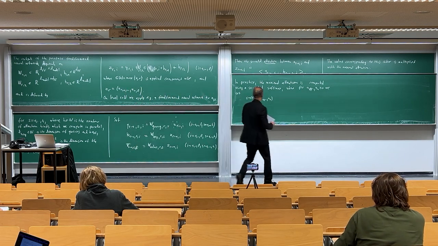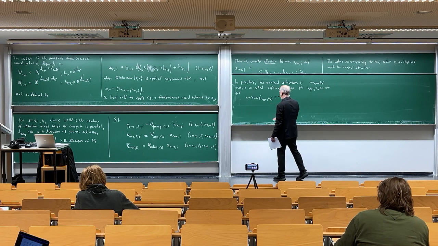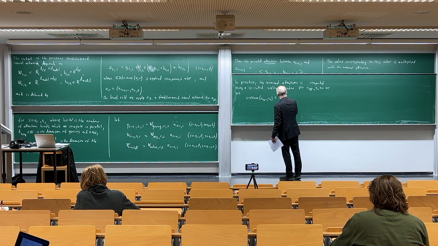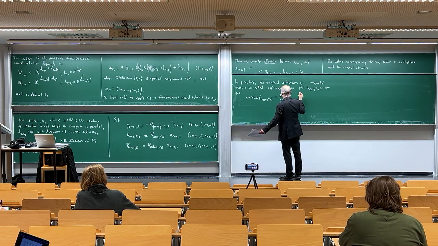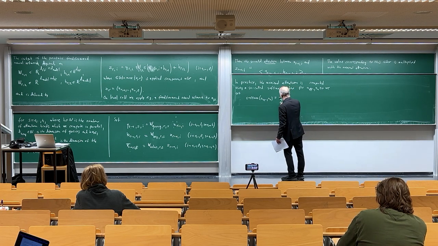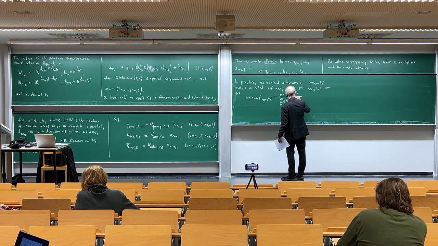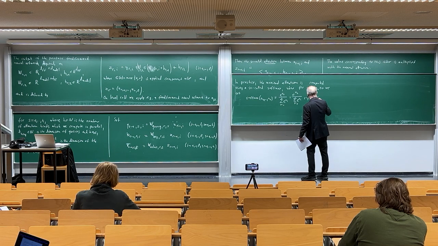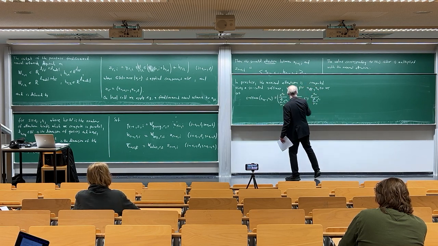But I don't compute it exactly in this way. Instead I compute e with exponent u1 divided by the sum of all e with exponent u. Now I need an index, maybe i equal 1 to n. Then e with exponent u2 divided by the same sum, up to e with exponent un.